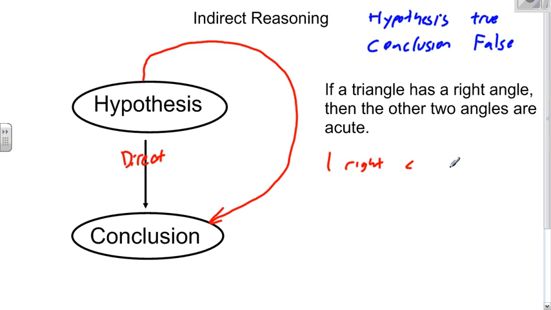I'm not going to do a formal proof, we're just going to talk through this real quick. It has one right angle, and we negate the conclusion. We take the opposite of it, basically.